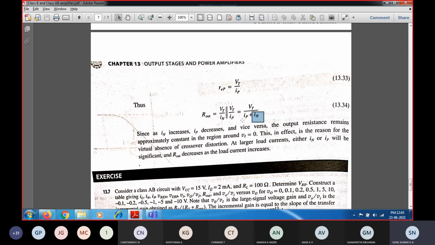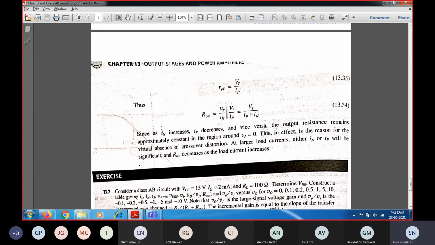So at any instant of time you will have either IN or IP current. So we conclude that you are going to get a constant output resistance, remaining almost constant.